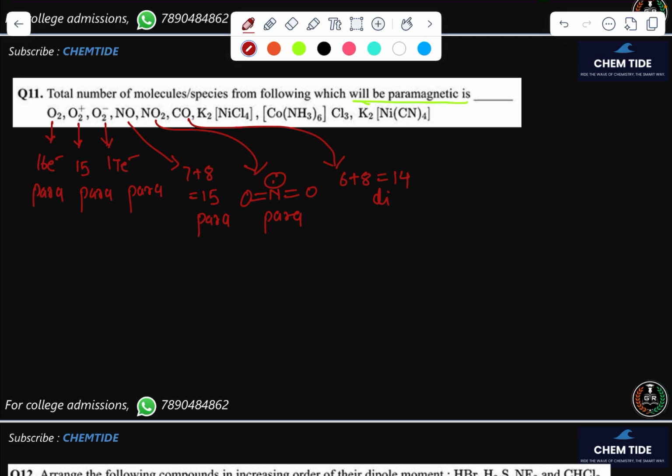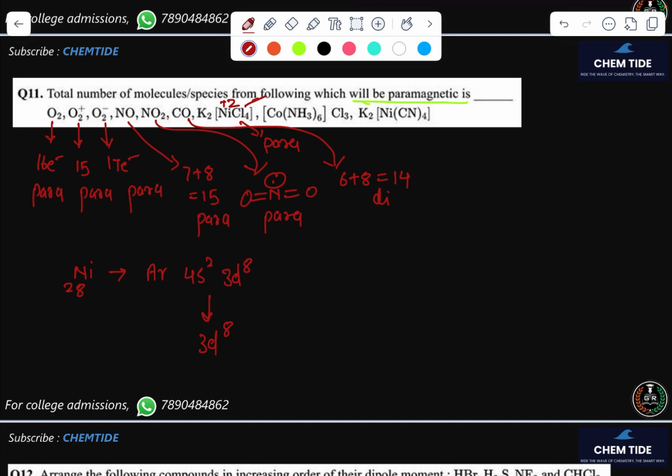Here, NiCl4: nickel is plus 2, nickel's atomic number is 28, so it becomes argon 4s2 3d8, and with plus 2 charge it is 3d8. It has unpaired electrons because chlorine is a weak ligand, so it could be para.